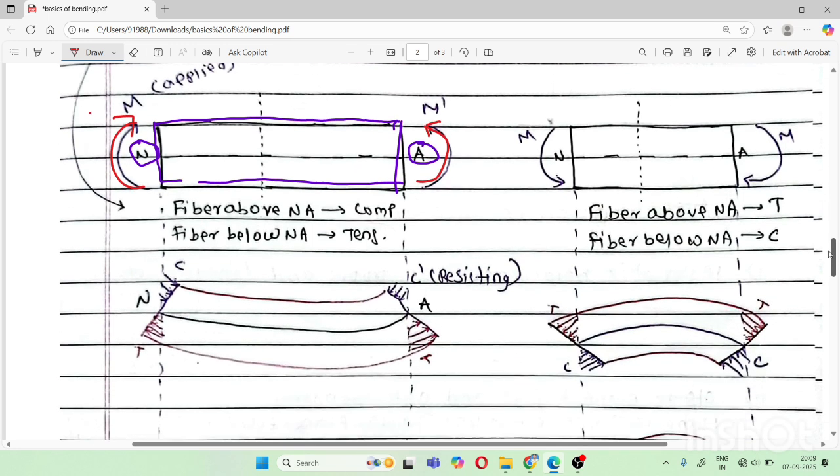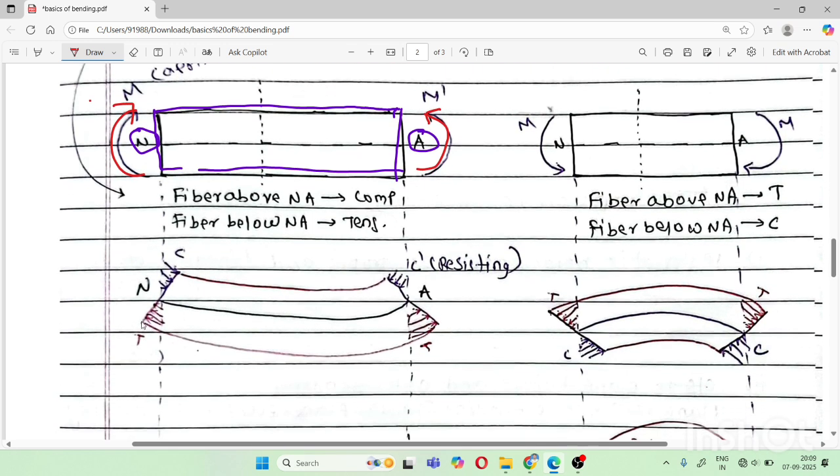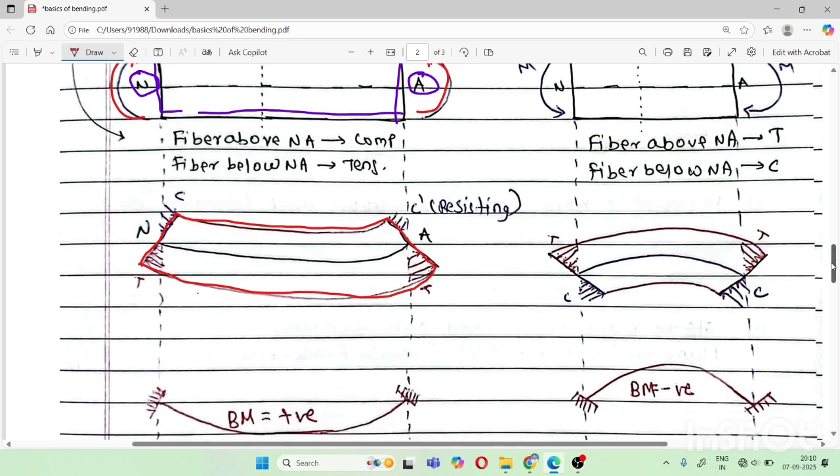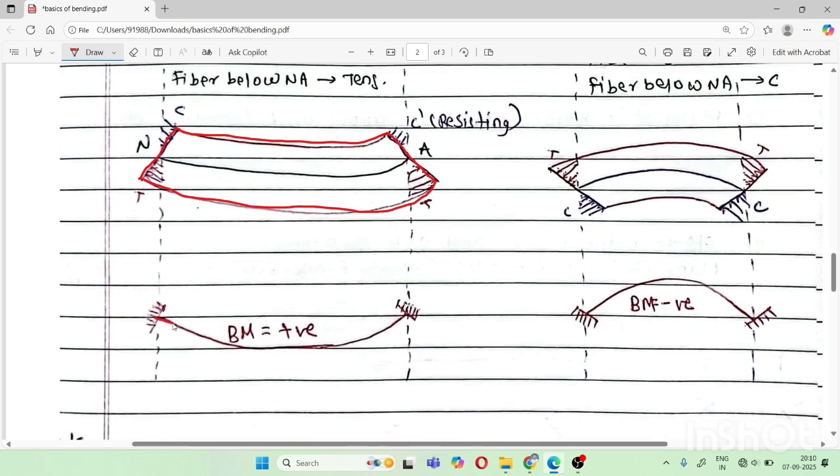Obviously the top fibers are going to compress and the bottom fibers are going to be in tension. Here you can see these are the shortened lengths and these are the extended lengths. For this type of behavior, we call this a sagging bending moment. If you draw the neutral axis, it will look like a happy face. We consider this a positive bending moment, or a sagging bending moment. So this is the sign convention, positive for calculation purposes.